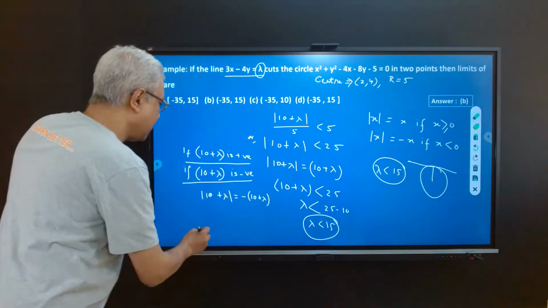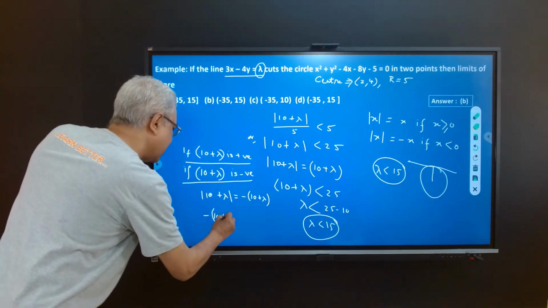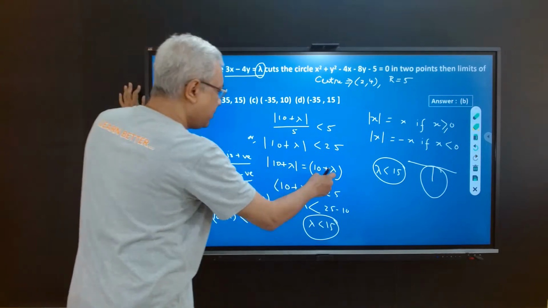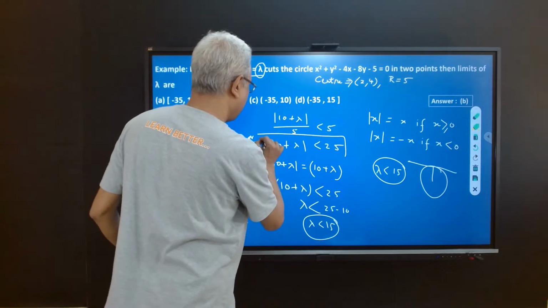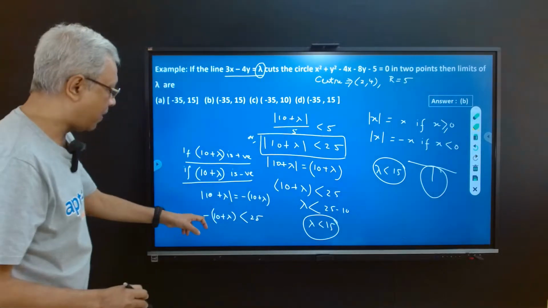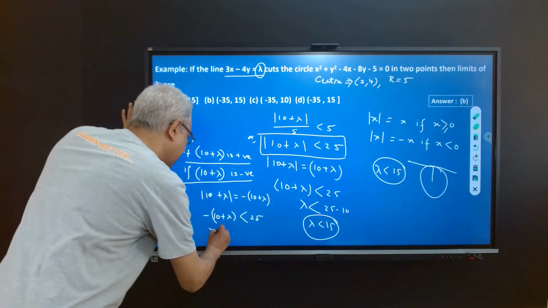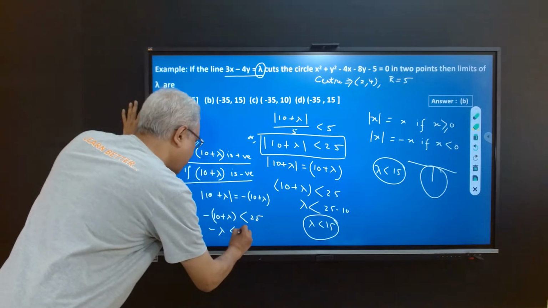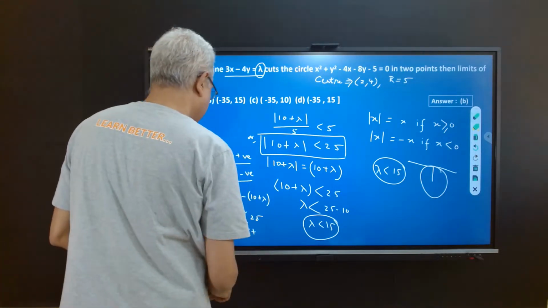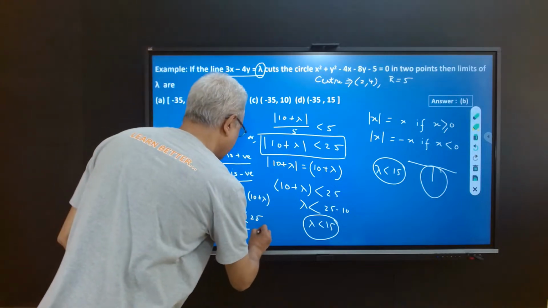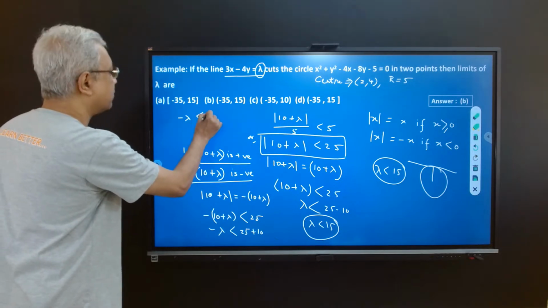So from this condition I can write minus 10 plus lambda is less than 25, because this is the condition of the problem. So minus lambda is less than 25 plus 10, so minus lambda is less than 35.